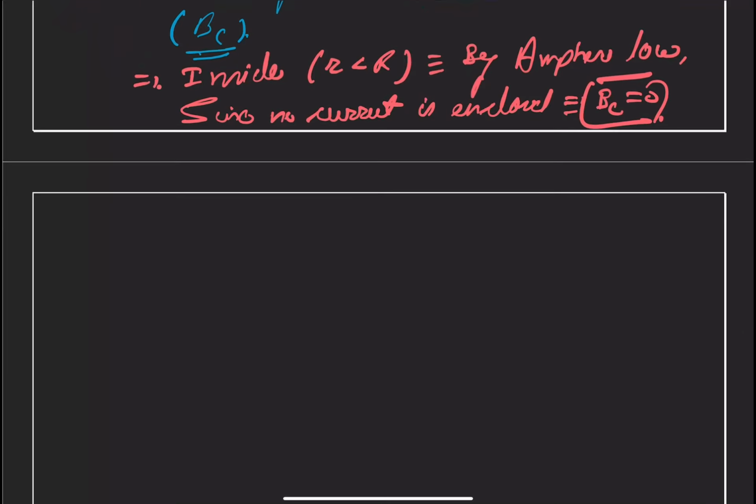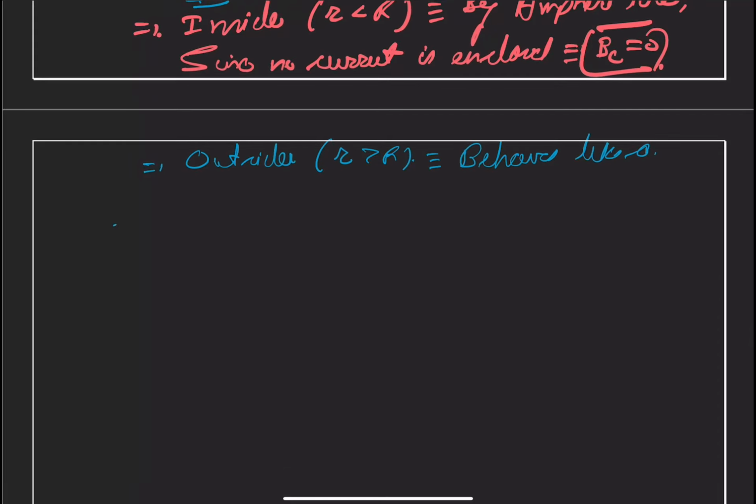And second is outside, and here outside we are only talking about the hollow cylinder, where small r is greater than capital R, and under this condition the hollow cylinder behaves like a straight wire conductor, a long straight wire.